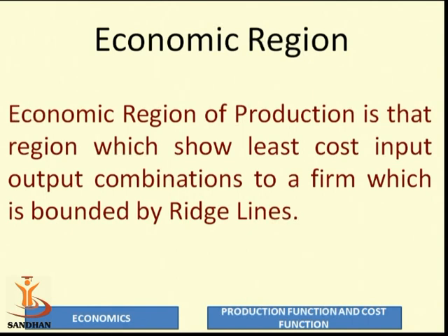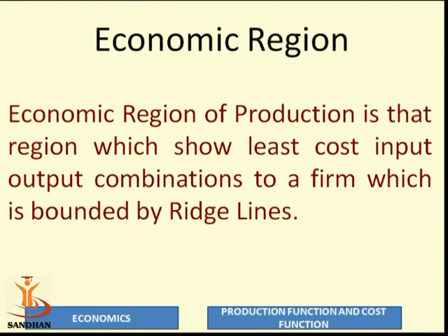Now, every firm would like to know where lies the economic region, the region where the firm achieves economic efficiency. Whether you produce in the upstream, or in the downstream, like in the petrochemical companies, in the chemical companies, a lot of economic efficiency can be achieved in the downstream.